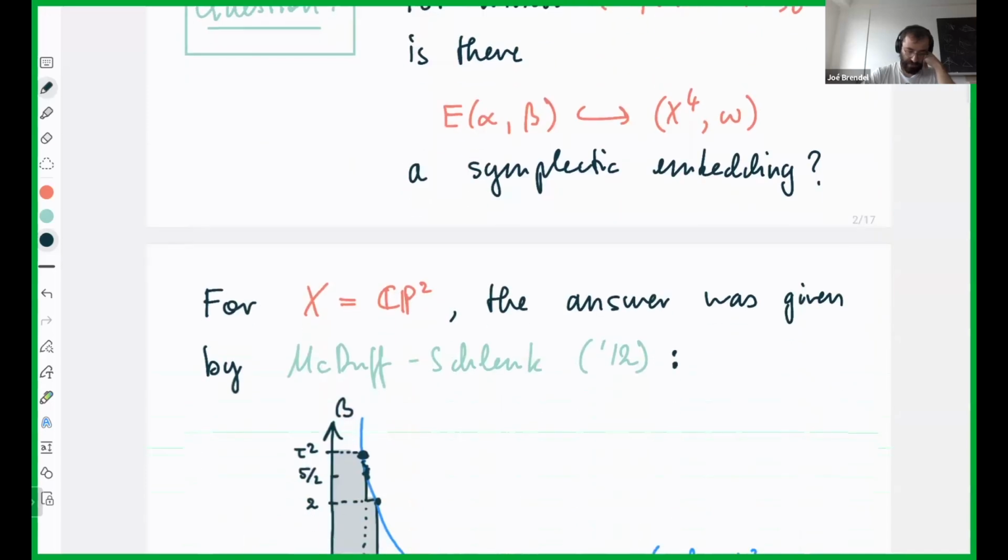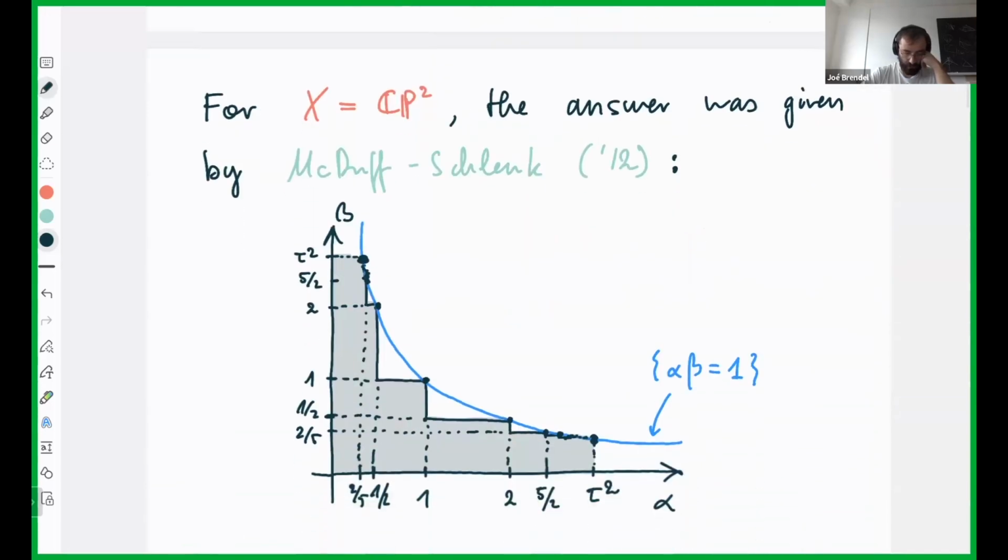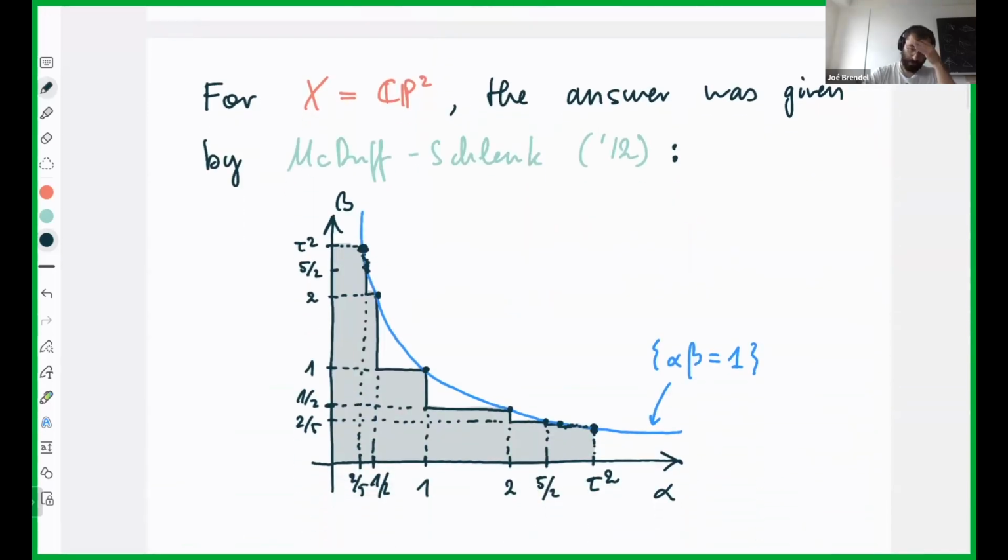And let's discuss the first kind of breakthrough in that direction, which came a bit more than 10 years ago by Schlenk, where the target space was CP2, or the ball. It can be used interchangeably. Let's fix the ideas here and stick to the closed case, so to CP2.